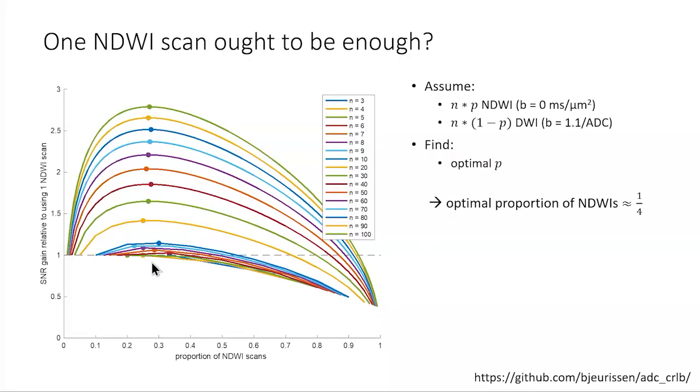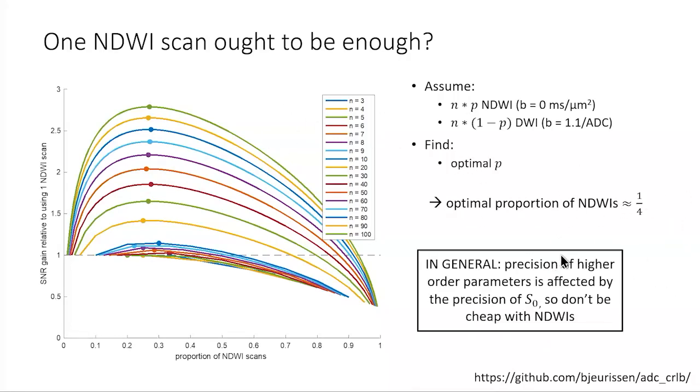It's 1/4 of the data that we should, in this case at least, dedicate to non-diffusion weighted images. This number itself is not that important, but in general, it's important to keep in mind that if you design your sequence, you also add enough non-diffusion weighted images, because they will also affect the precision of your higher order parameters.